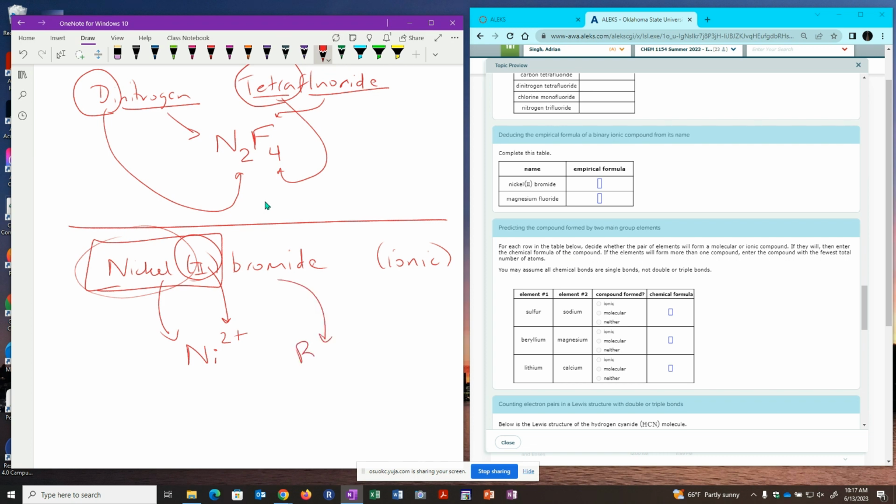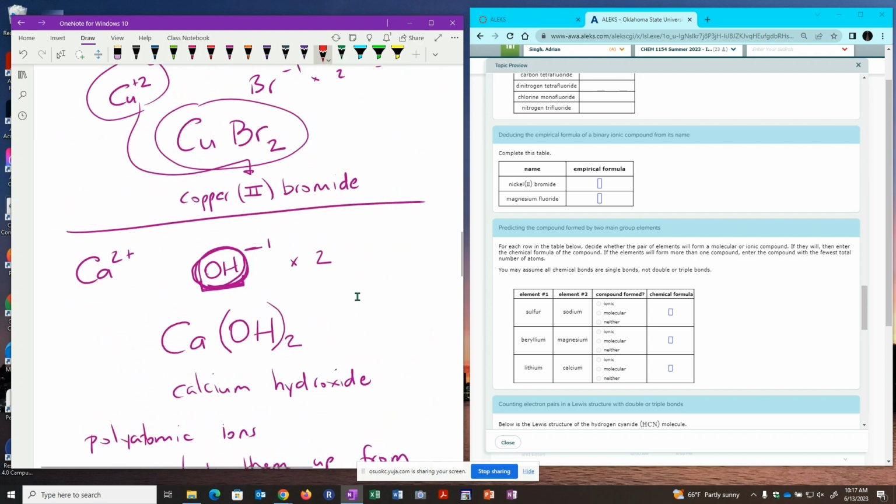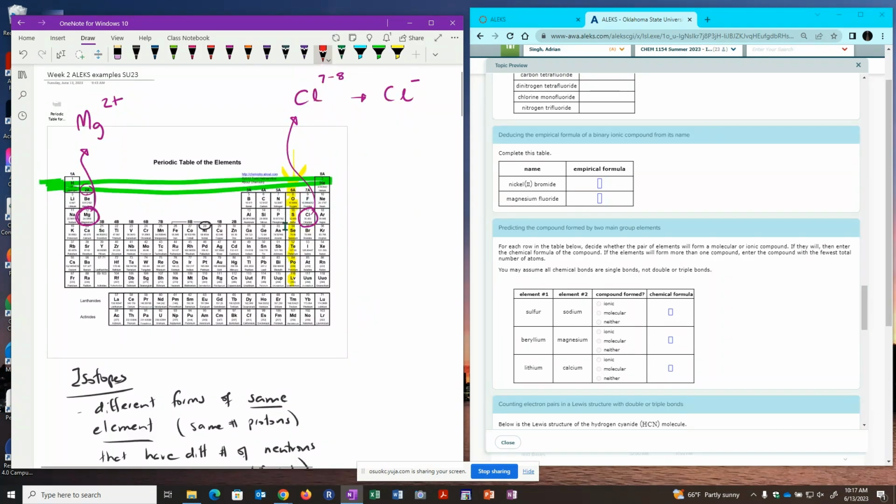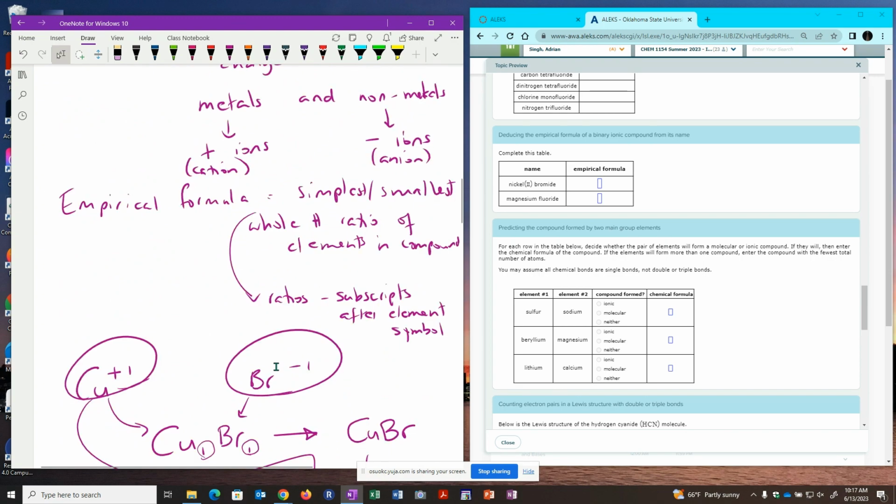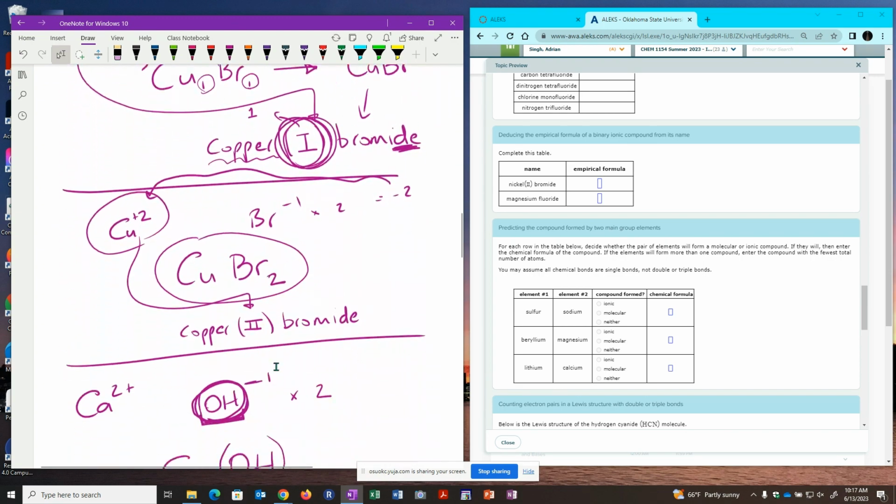Bromide is Br with a charge on it. What's the charge on bromide? Well, find bromine on the periodic table. Bromine is here in group 7. If it's in group 7, the charge on the ion should be the same as chlorine has, because chlorine is in the same group. So the charge there should be -1 on the bromide.